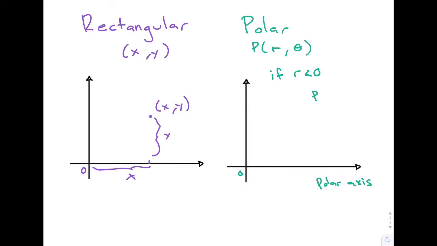We'll trace out the angle theta and then go the length r this way. And this will be our point P. So similar intuition for negative and positive for r. A little different for theta, but since we've been getting used to thinking about trigonometry in the unit circle, it should feel relatively intuitive. So theta first, and then r.